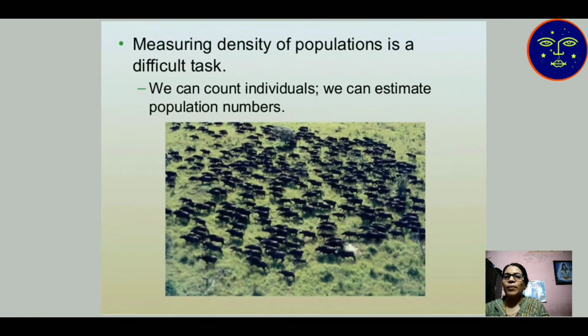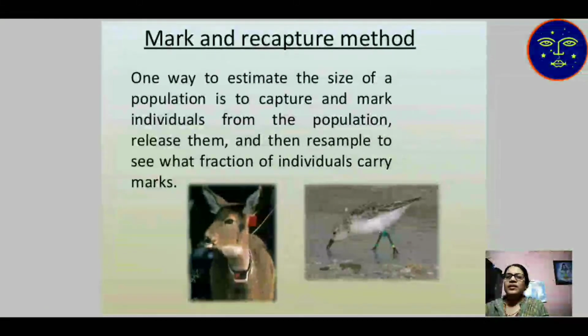Measuring the density of a population is a difficult task because all the individuals are gathered over a particular unit area. So we cannot count every individual, we can estimate the population numbers. Mark and recapture method. The first method of how population density is measured is known as the mark and recapture method.